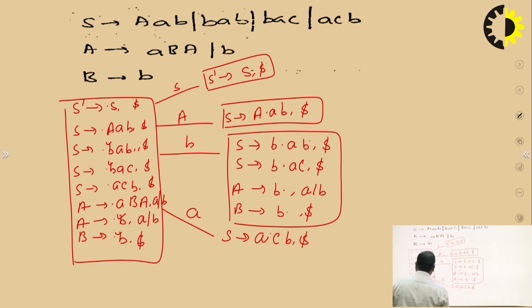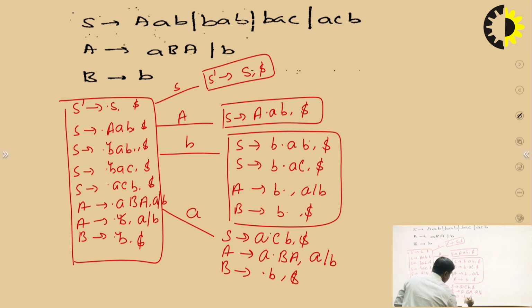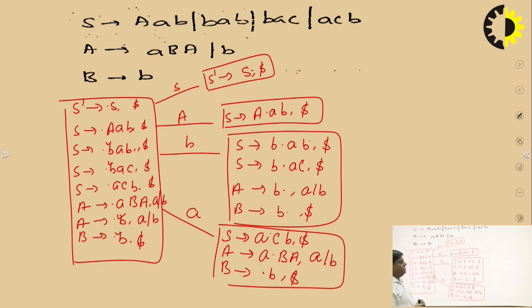And here, this one, A tends to A dot BA, and what is the look-ahead symbol for this? A comma B. Now further, B tends to B dot, and what is the look-ahead symbol? Dollar. Now this state has been completed.